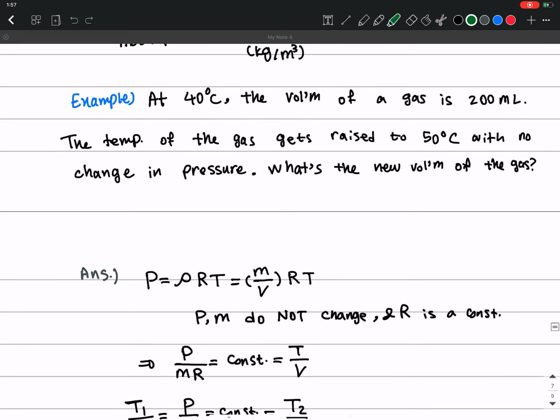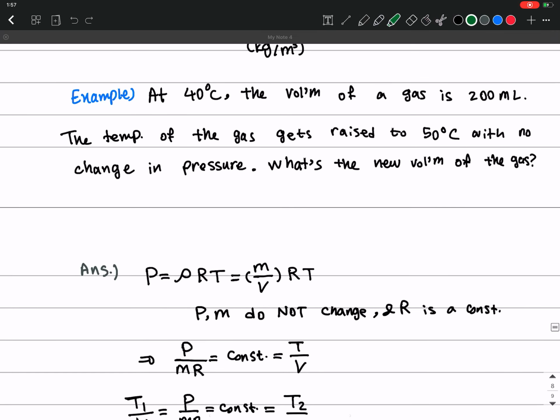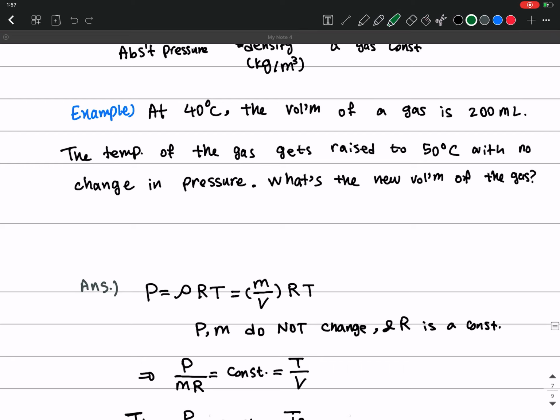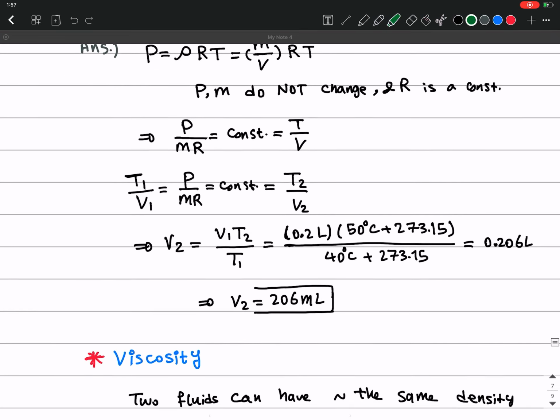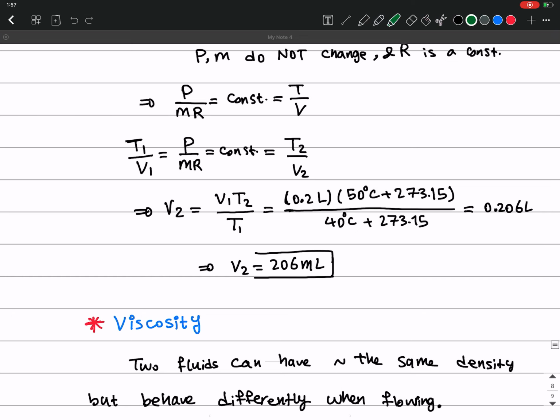And then we saw an example for this where we raised gas temperature from 40 degrees to 50 degrees, and then we had the initial volume of that gas, and we wanted to find the new volume of the gas. Okay, so we used this formula to find a new volume of the gas based on the ideal gas law, and we found that it increased during this increase in the temperature.